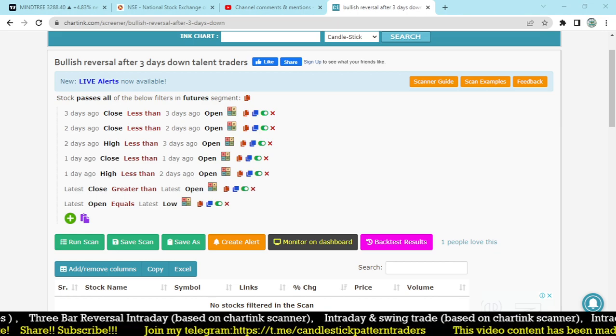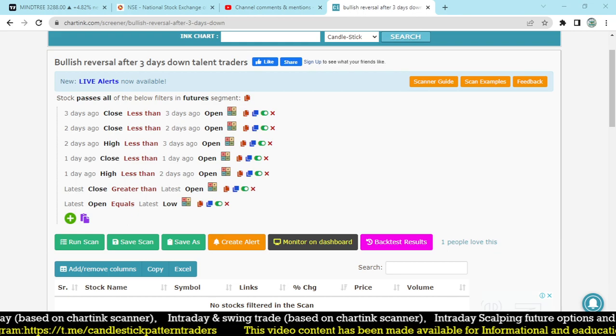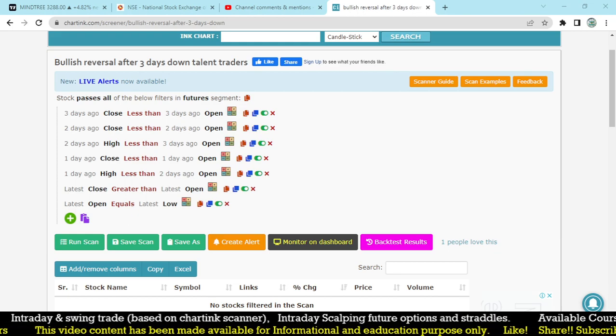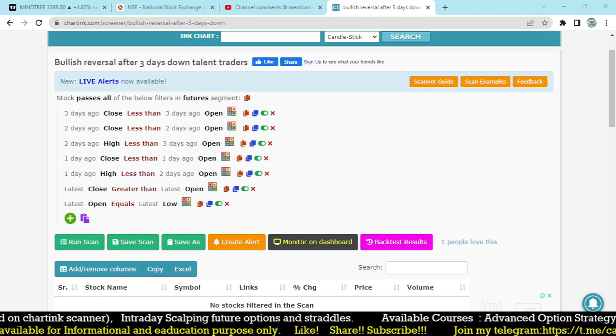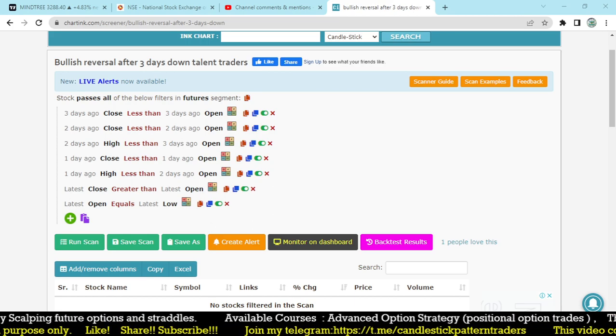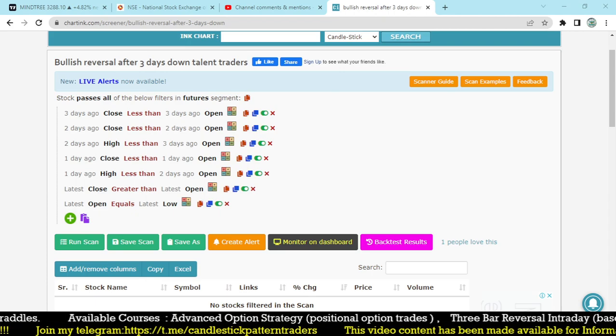In this video we are going to discuss how to add the hammer candle which forms on the day. In the last video we discussed the open low at the lowest level.